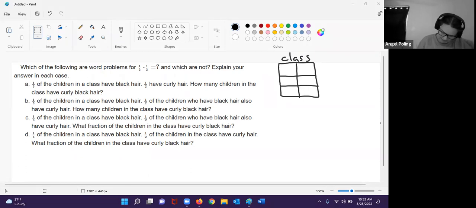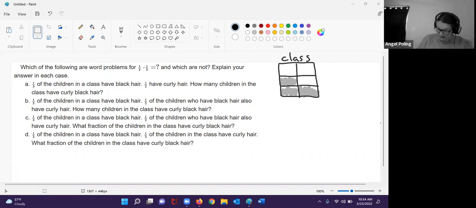We could have 1/2 of the class having curly hair. So 3, right? So that's half in an unconventional way.